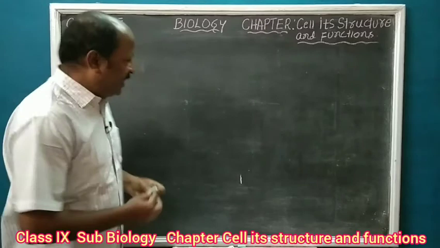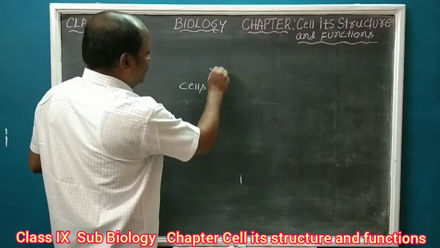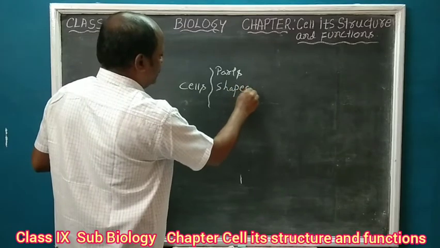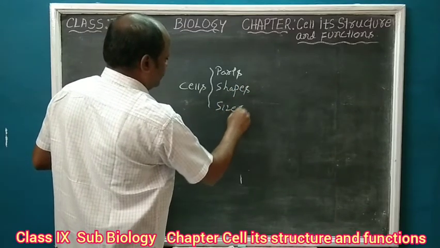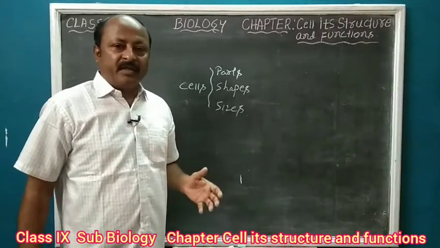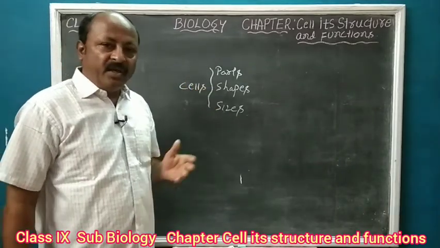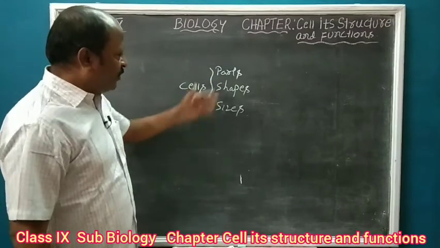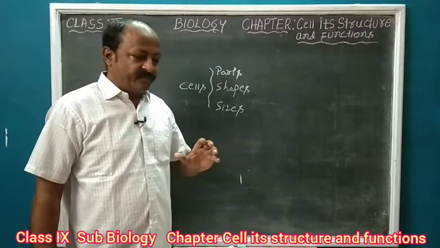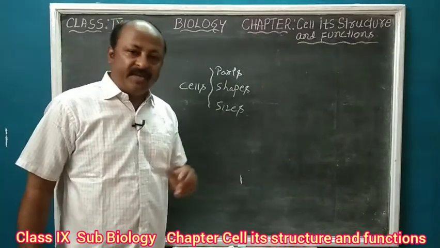So we are saying that different living beings have cells and they differ in their parts, shapes and sizes. The parts present in the plant cell are different from the parts present in the animal cell, even though both of them are living beings.